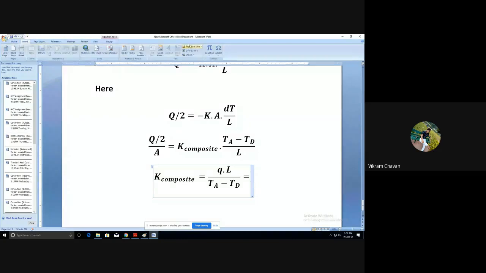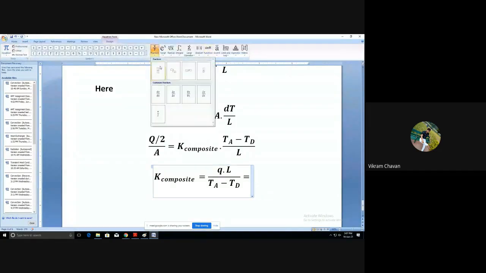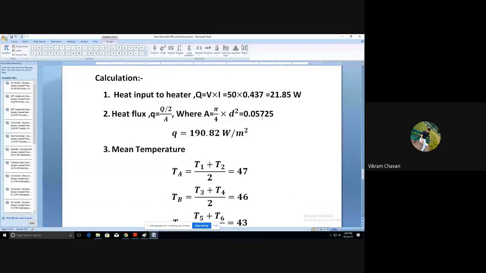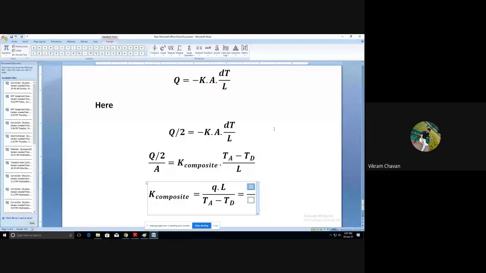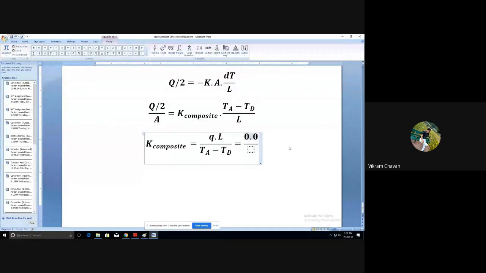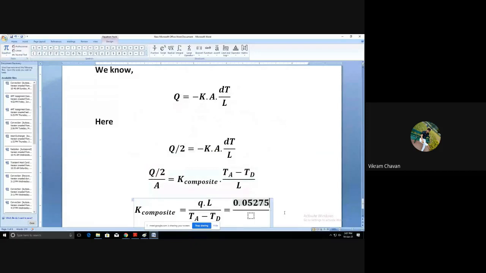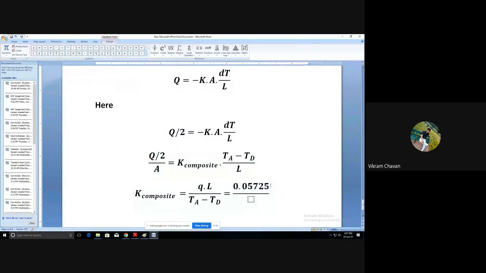If you put in all the values, q is the value we have calculated, 0.05725, multiplied by L, 34 mm, that is 34 multiplied by 10 to the power minus 3.